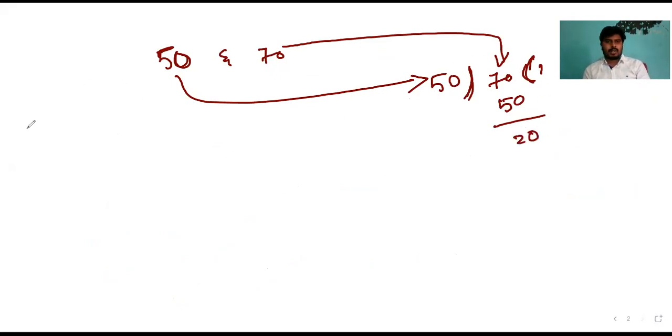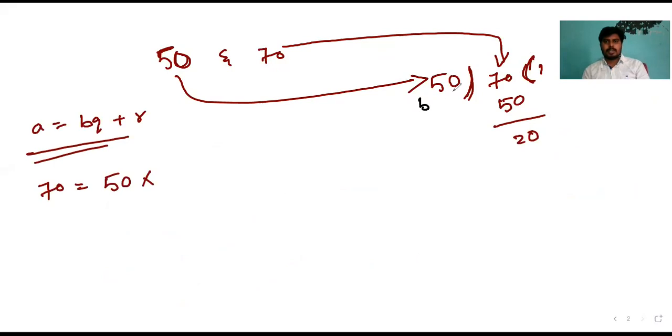Now arrange this in the format of A is equal to BQ plus R. What is A here? A is 70. What is B? B is 50. What is Q? Q is 1, plus R is 20, right?